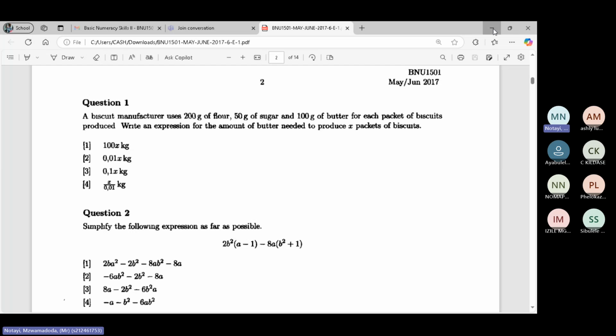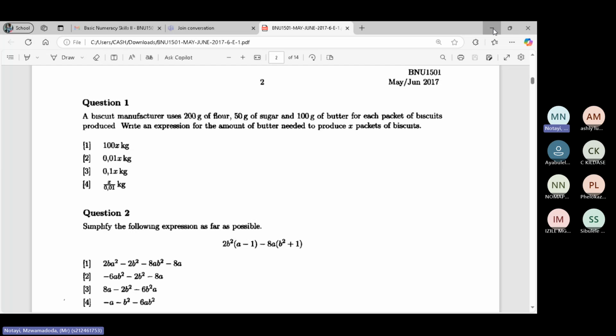And then you multiply by the number of packets, which is X. So you get 0.2X kgs. And then you get 0.05X kgs. Well done, guys. And I hope everyone is following.